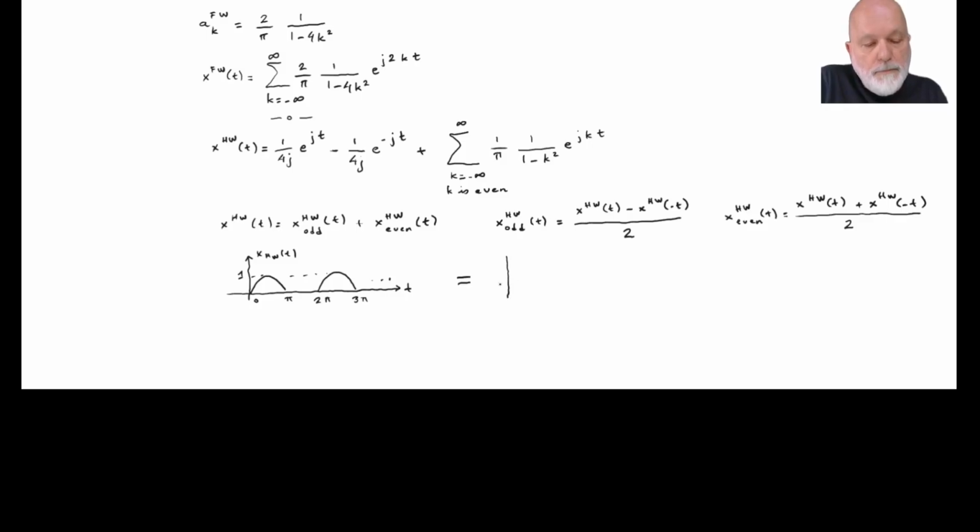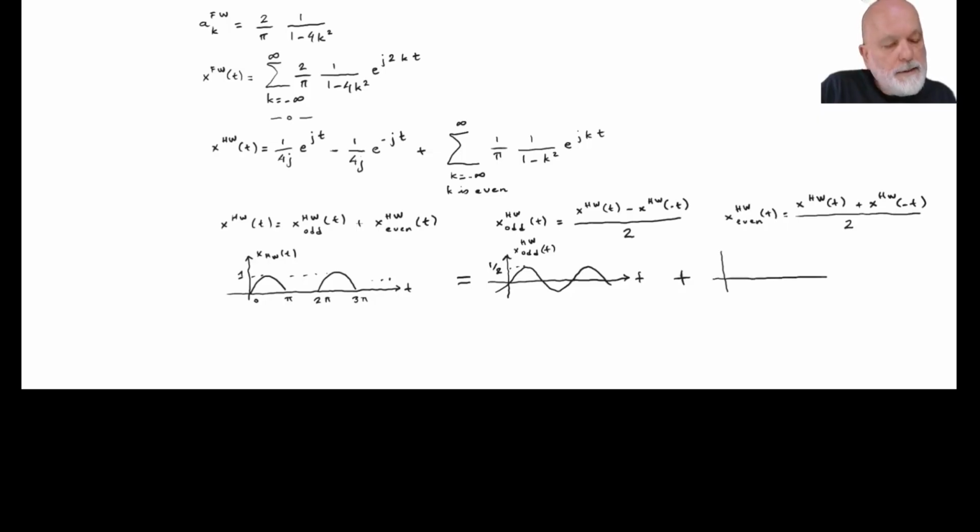So the odd part of the half-wave rectified sine signal is just sine t, but the amplitude is 1 over 2 because of this 1 over 2 factor in the expression for evaluating the odd part. And the even part is, okay, this is a plus sign.